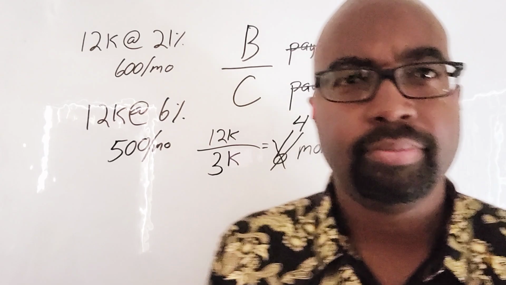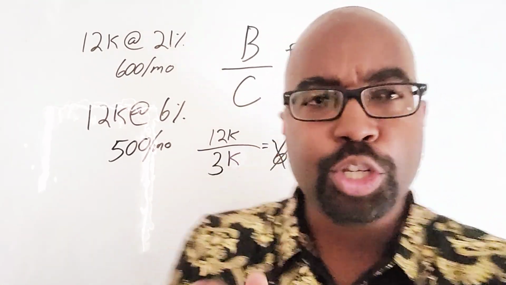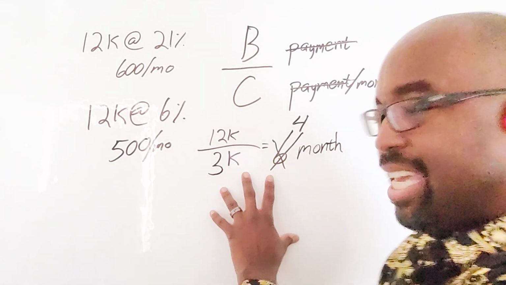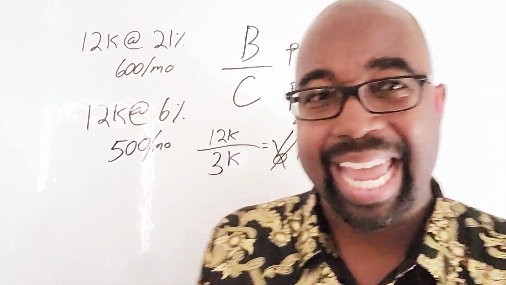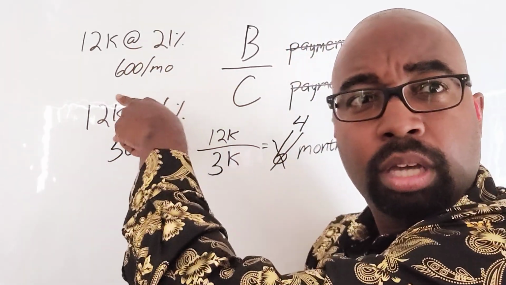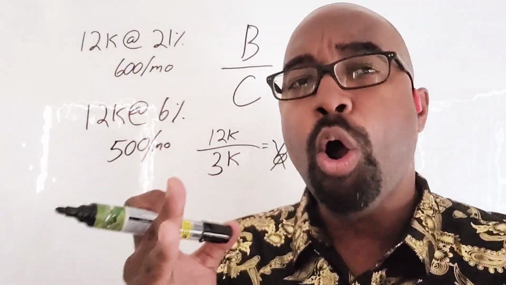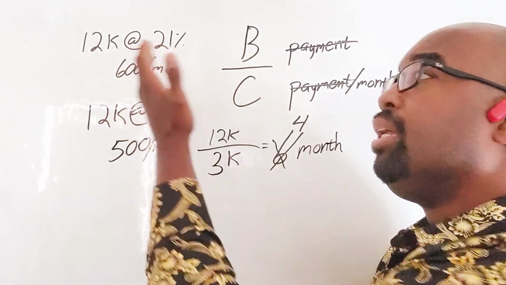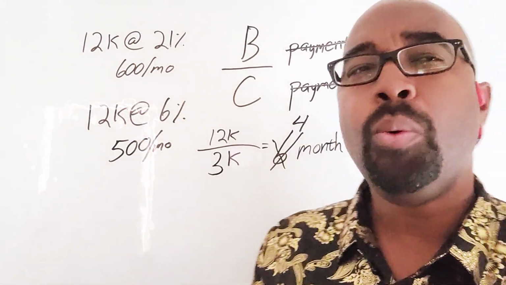Now, what would you rather do after you are done paying your line of credit off? Would you rather go ahead and have two of these, the line of credit and the loan to pay off? Or when your line of credit is paid off, would you rather say, you know what?